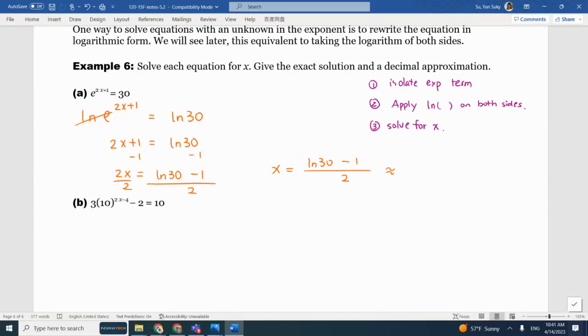Subtract 1. Put another parenthesis. This parenthesis together with the one in front indicates this is the numerator. And then divide by 2. What do you get? Oh, you forgot the parenthesis in front. Yes, 30.